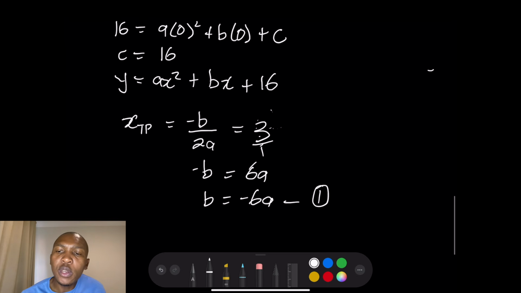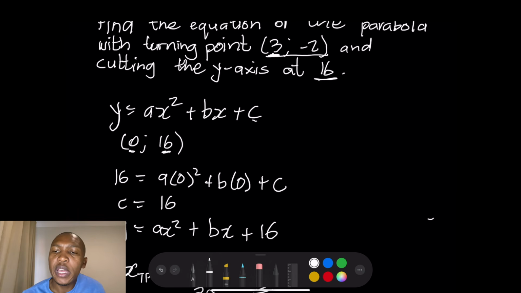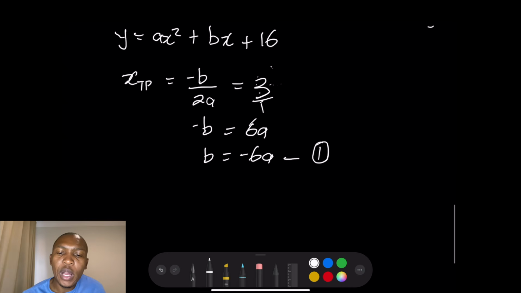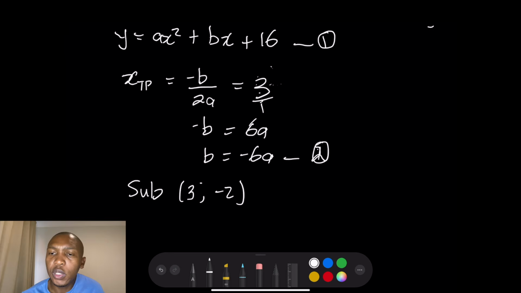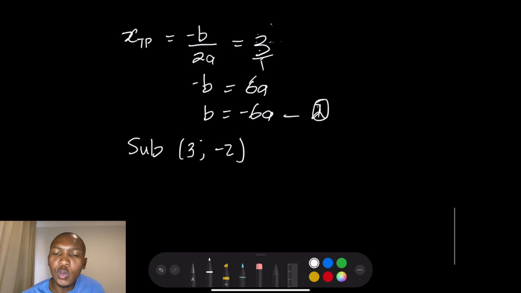Now we can substitute the entire point into our equation. Maybe we should have called the first one equation 1 and this one equation 2. So I am going to substitute the point 3 and minus 2 into equation 1.